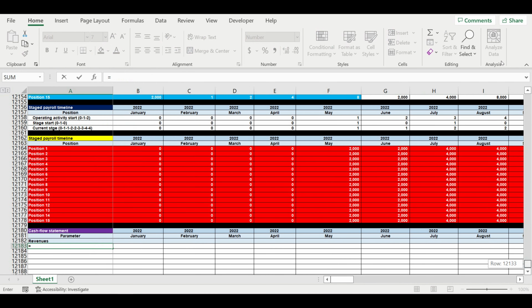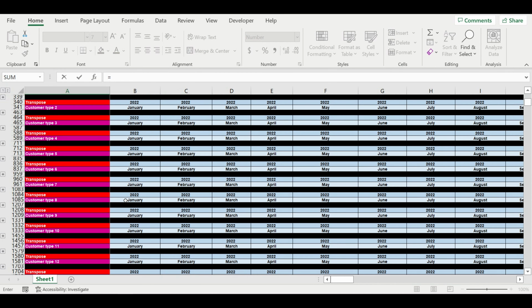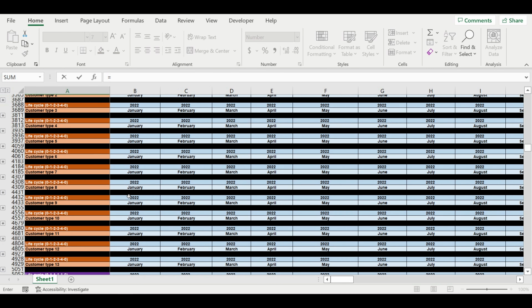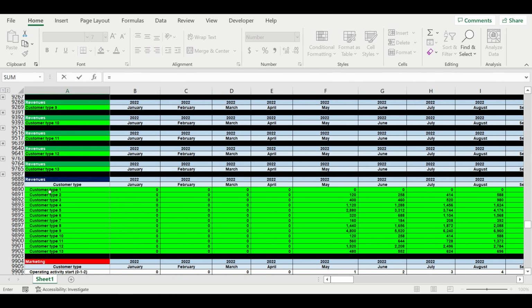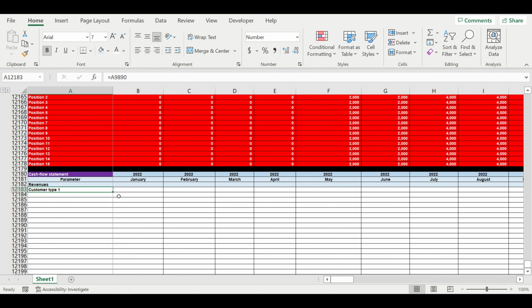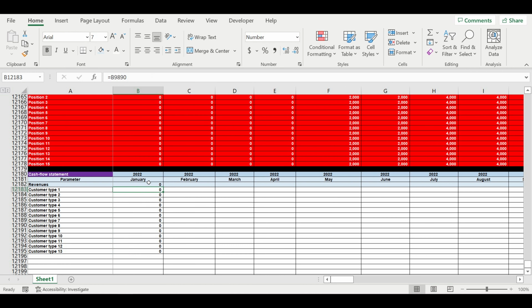We are not putting the revenues manually, we just travel through the model and find revenues which are already calculated. We've marked them with green. Here they are. Now we finally are moving them to the cash flow statement. Now extrapolate this formula to the right.